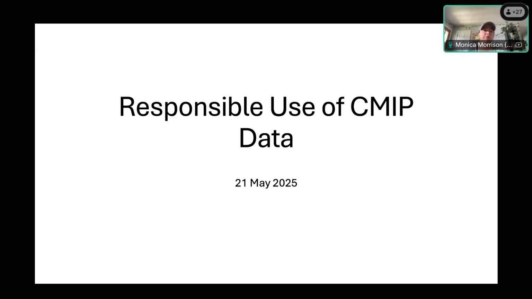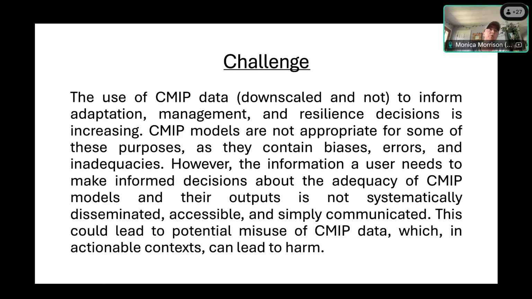So I'm just going to give an overview of one of the projects that we're referring to as responsible use of CMIP data. I'll give an account of what we're trying to get at, the motivation for having this project, as well as how things are currently going and what next steps are. This came out of a recognition of a certain challenge, that GCMs or Earth system models are not always fit or adequate for certain purposes.